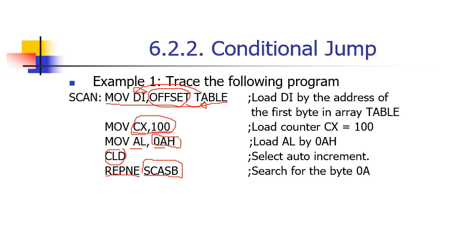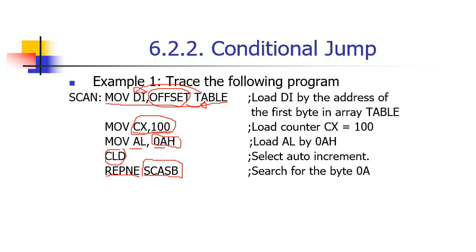This instruction is repeated if every byte to be checked against 0A is not equal to 0A. So it seems that we have a table or an array of 100 elements, and we are trying to check every element starting from the very beginning against 0A.